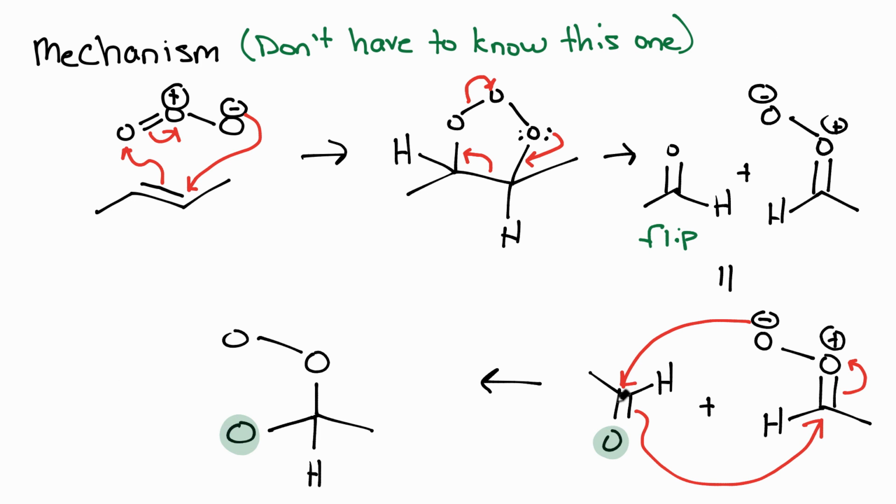And then this still has the carbon-hydrogen attached. And then we have a bond from this carbon to that oxygen. And this is my ozonide.